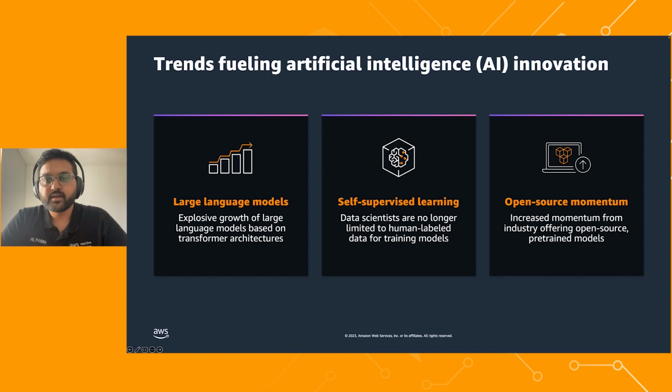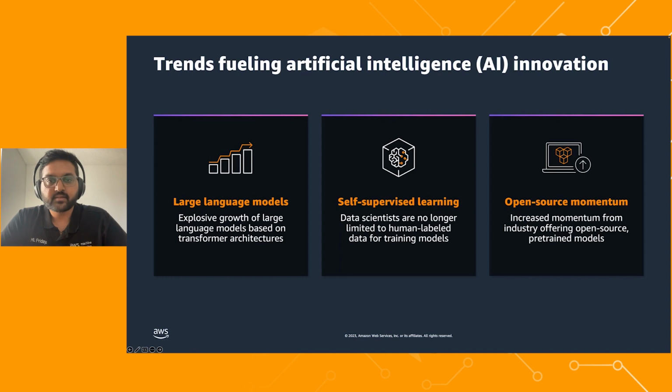Another critical enabler is the advent of self-supervised learning, which helps data scientists tap into the vast wealth of unstructured and unlabeled knowledge available online. In turn, this helps in boosting model accuracy and supporting training these large language models with billions and trillions of parameters.